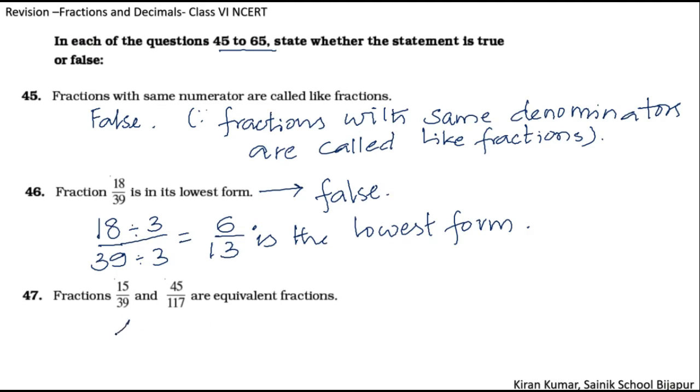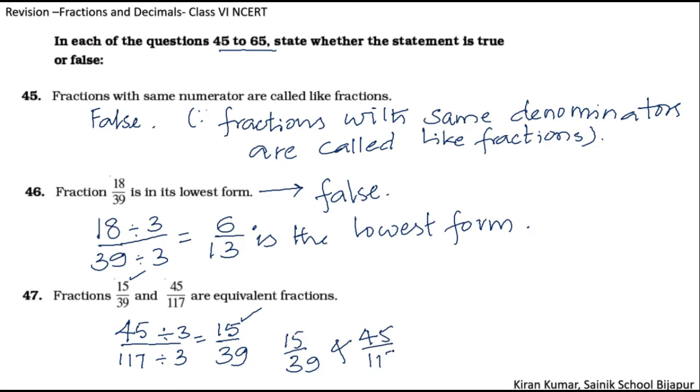If I consider 45 by 117 and divide both the numerator and the denominator by 3, I get 15 by 39, which is one of the given fractions. Therefore, 15 by 39 and 45 by 117 are equivalent. Their values are the same. So the given statement is true.